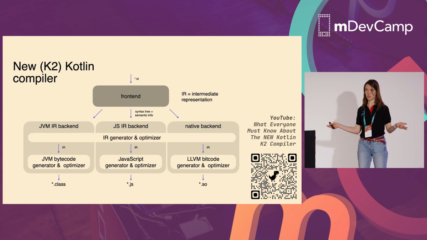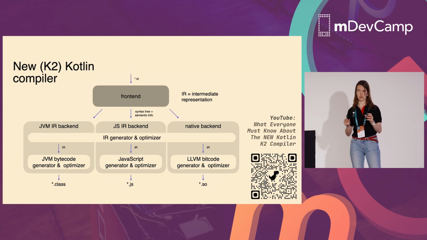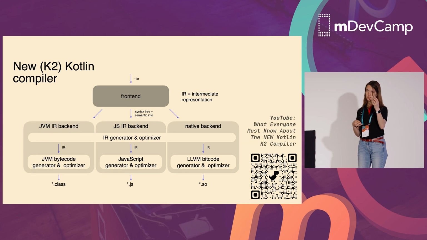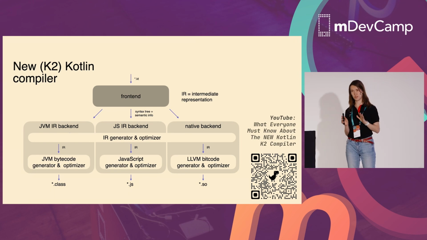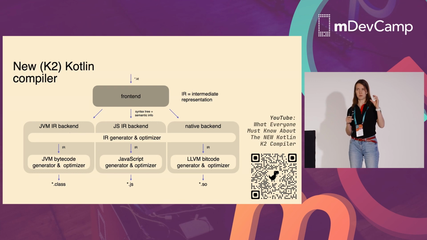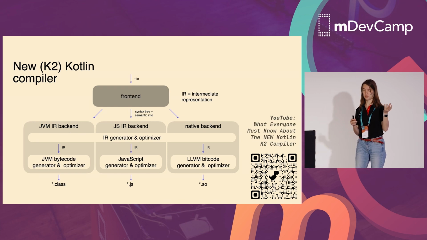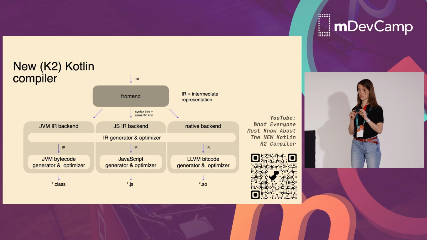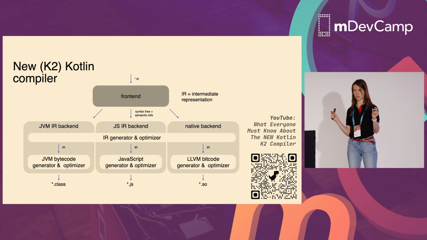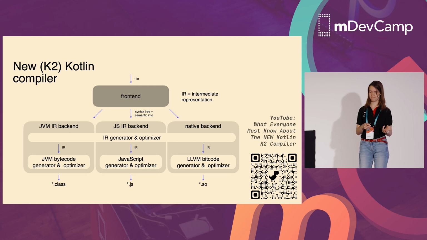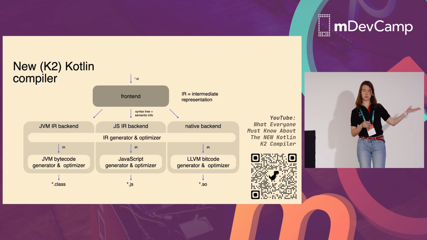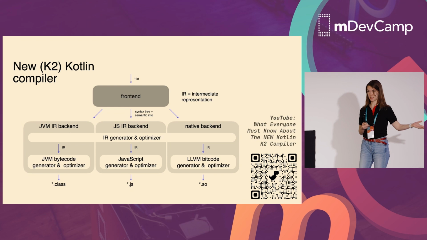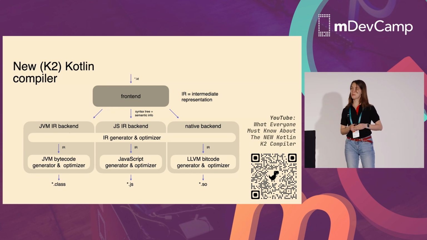So why don't we just take it out and have this intermediate representation layer? Now we have a front end which works differently, and it passes syntax tree and semantic info to the common intermediate representation layer, and then we pass this information to the backends. This is how our K2 compiler looks inside, at a high level.